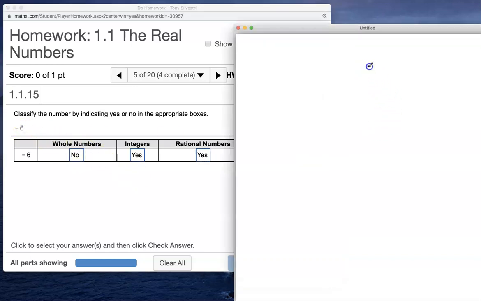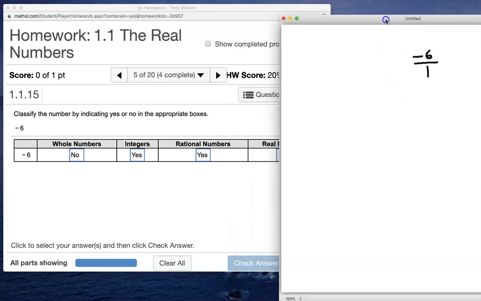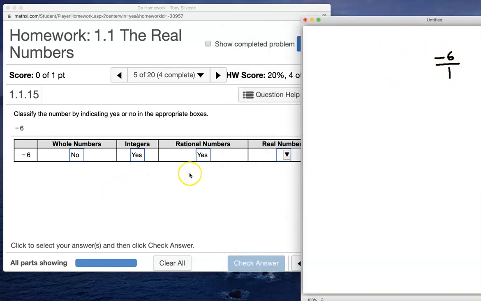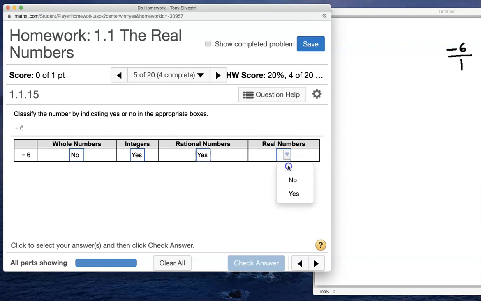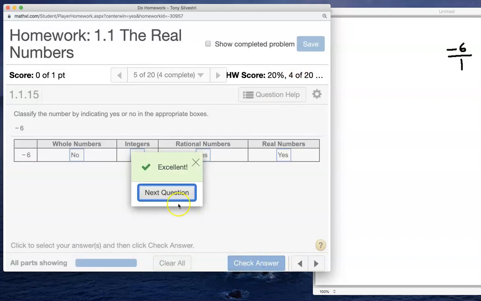You know, -6 can be written as a fraction by just saying over 1. Now, I would never do that in real math because -6 is easier than writing this. But technically, -6 is a rational number, and a rational number is a fancy word for a fraction. And everything that we do in this class is a real number. Okay? Everything is a real number. So this will always be yes. Check your answer. Nice.